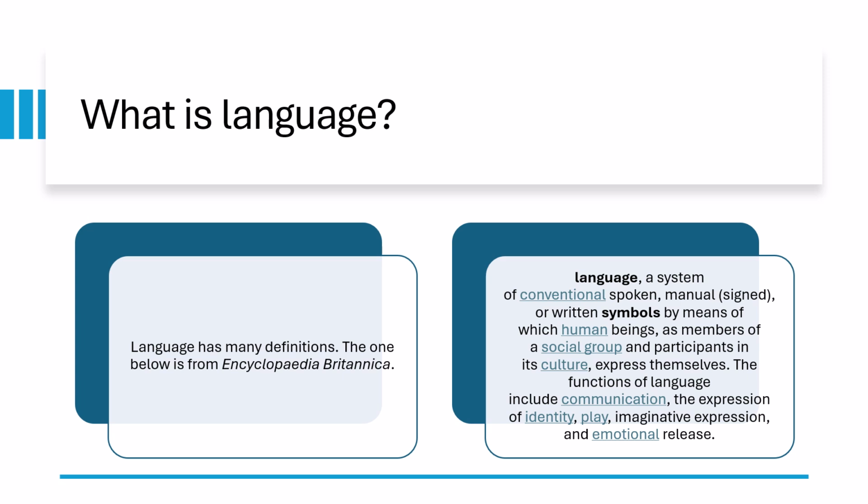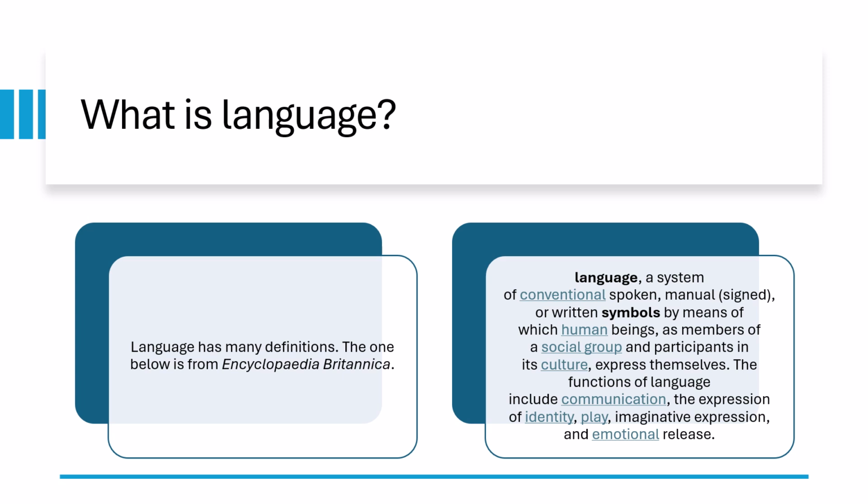It says that language is a system of conventional spoken, manual, or signed, that is, the signing used for deaf people, then written symbols, and take note of symbols too, by means of which human beings, as members of a social group and participants in its culture, express themselves. The functions of a language include communication, expression of identity, play, imaginative expression, and emotional release. So these are the different ways that the encyclopedia tries to define language.